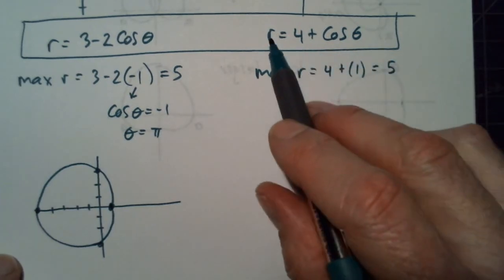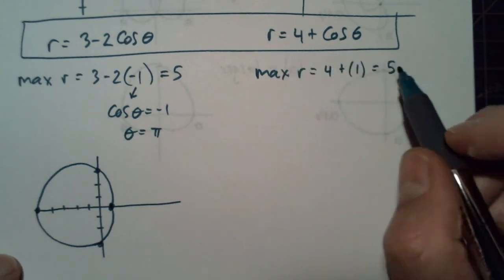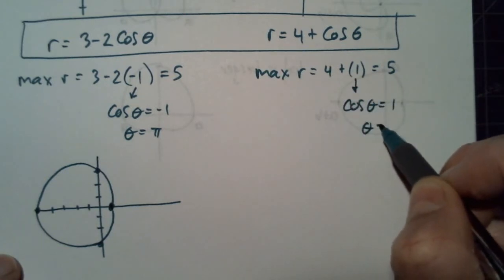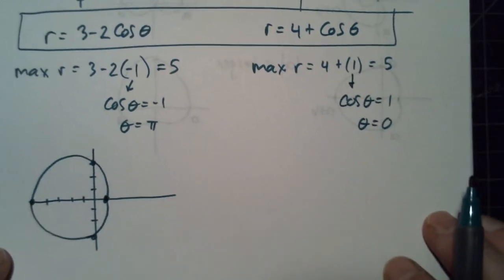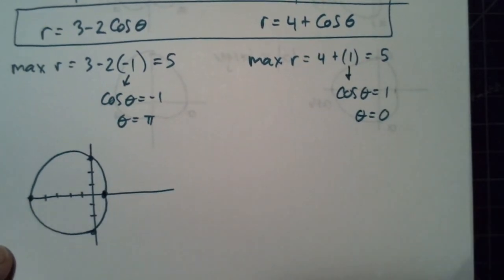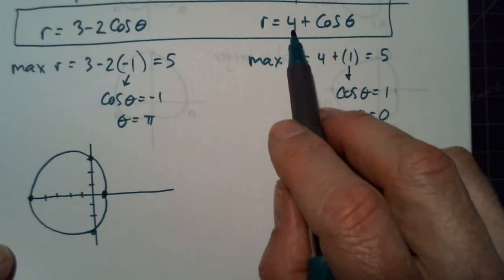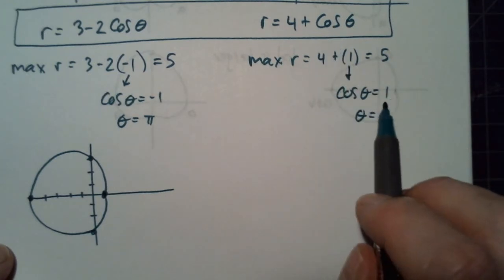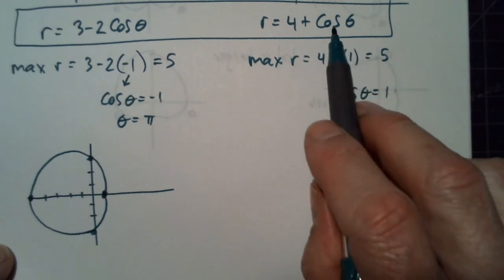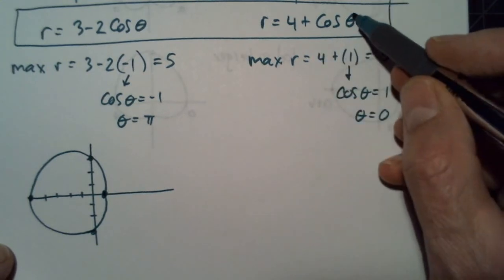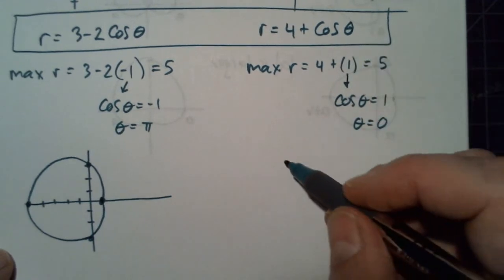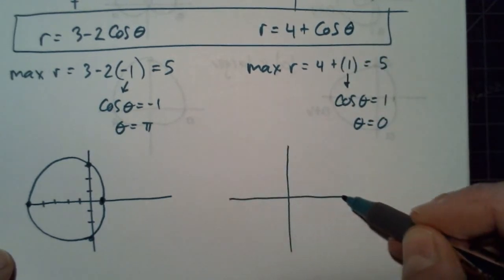So we'll have the largest radius when cosine equals 1. Cosine theta equals 1 when theta equals 0. This is larger, so there won't be a loop. It has a maximum radius at 0, and cosine tells us that it's symmetric to the polar axis.